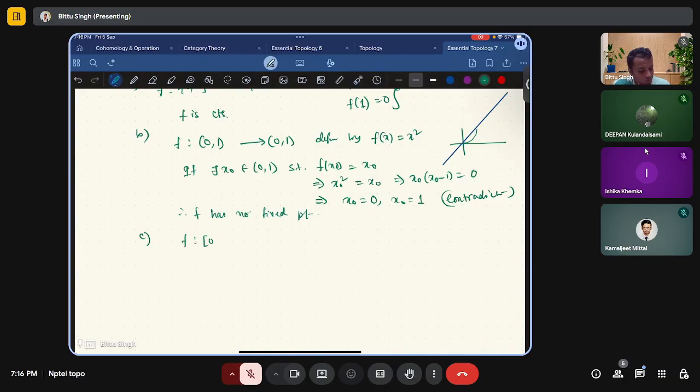So a function from [0, 1) to [0, 1). Let us again consider the problem graphically. We want to construct a function whose graph will not cross this straight line y equal to x.